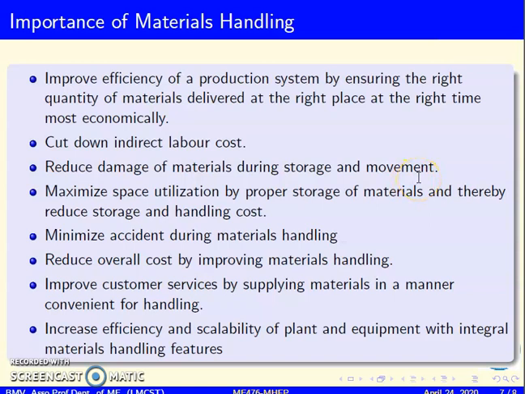We have seen that it involves handling, transportation and storage of materials. Each time we handle it, there is a possibility of damage. If we have a suitable material handling system, all this can be eliminated.